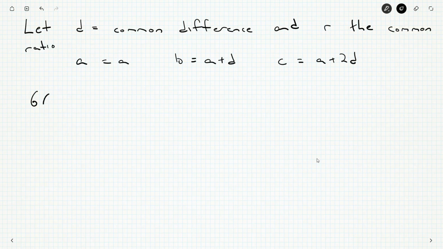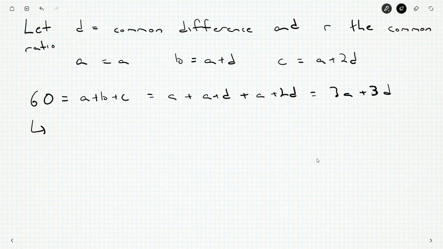Now, we're told that 60 is A plus B plus C, but that's really just A plus D plus A plus 2D, or 3A plus 3D, collecting terms together. Dividing both sides by 3, 20 is A plus D, which happens to be B.